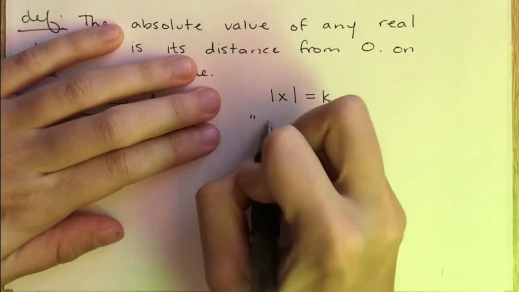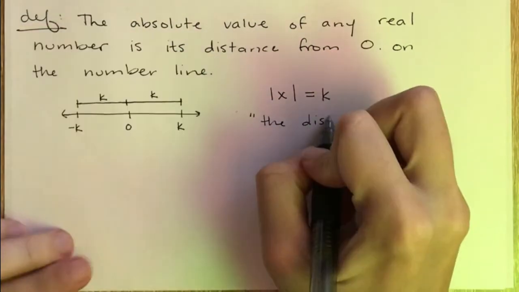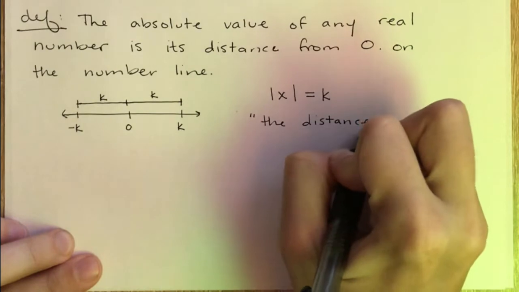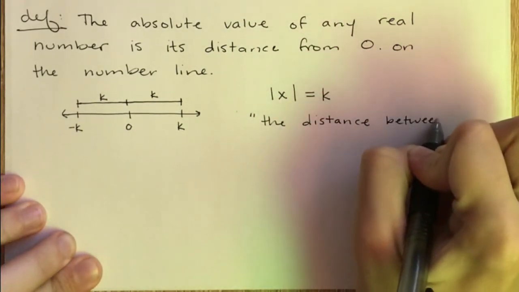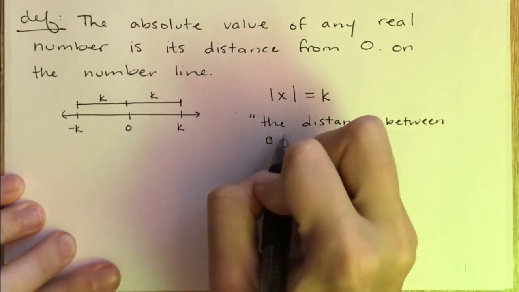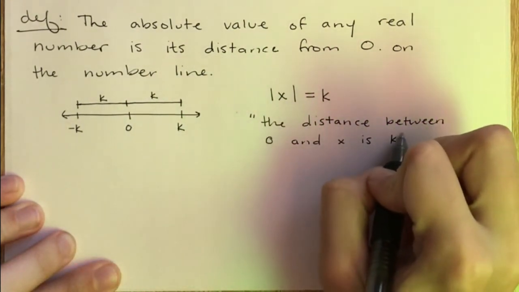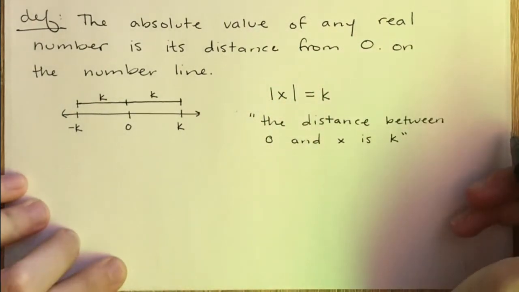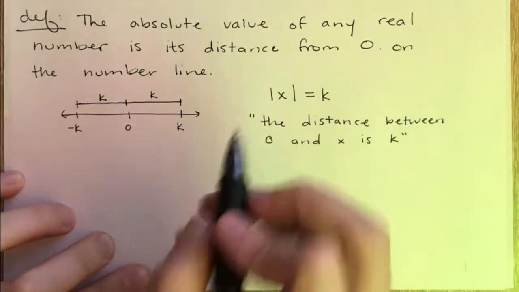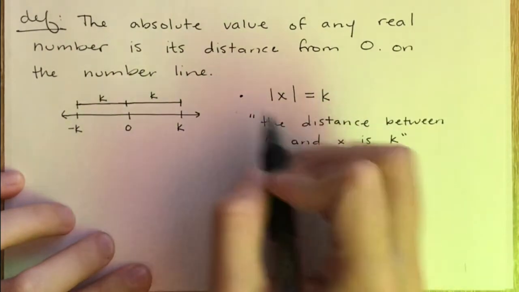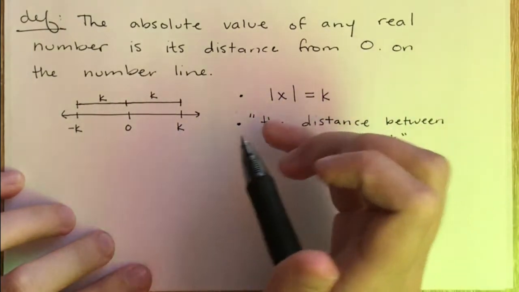What is this saying? This is saying the distance between 0 and x is k. That's all this is saying. The distance between 0 and x is k. And so this is one way of saying it. This is a second way of saying it. And a third way of saying it.